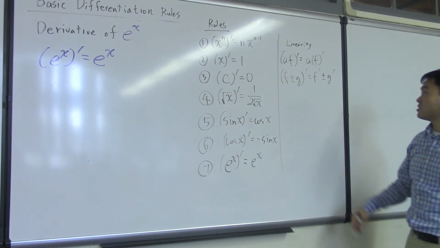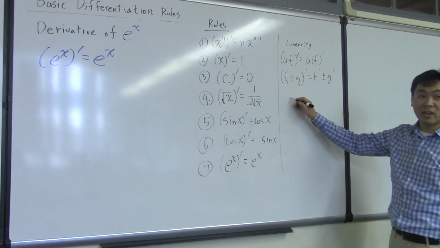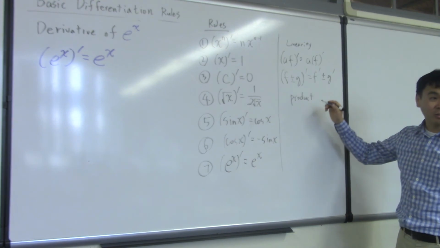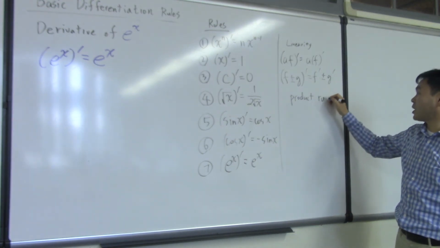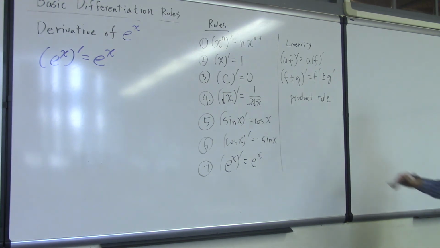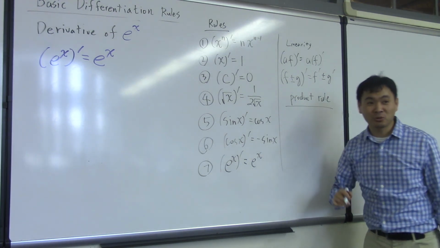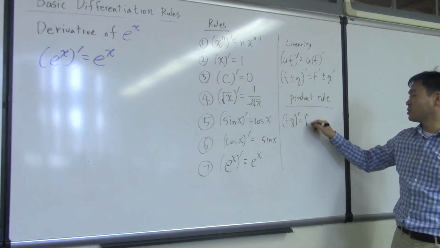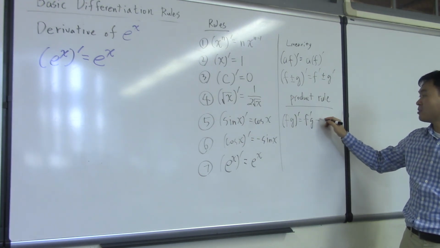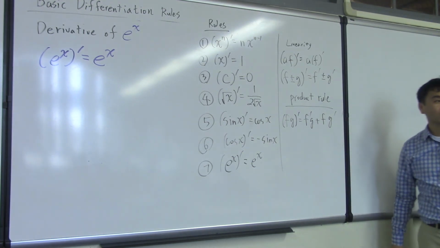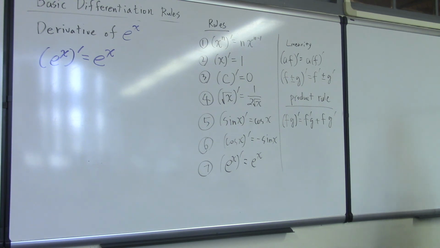Whereas this is not true for multiplication. If you want to handle a product of functions, you must obey, and must is the strong word here, the product rule, which says if you have two functions multiplied, you differentiate the first, leave the second, leave the first, differentiate the second. Those are the basic rules.